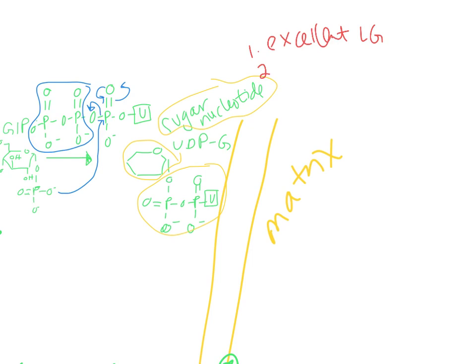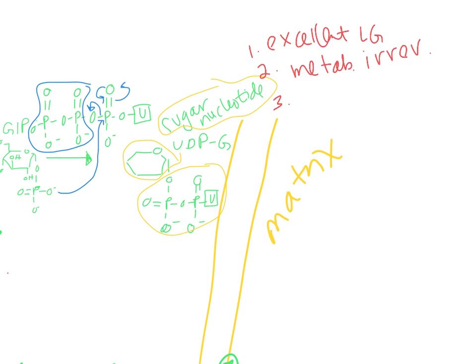They are metabolically irreversible. So once we get to making UDP glucose, we're for sure committed to making glycogen.